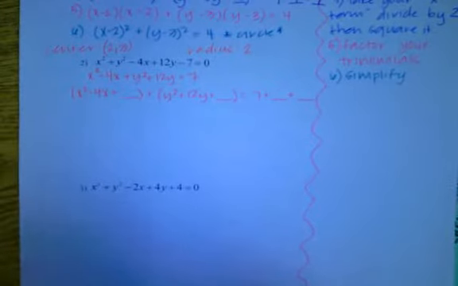Divide by 2 and square it. Okay, the steps are right there. All you have to do is read them. Divide by 2 and square it. So, you're not finished yet. What's going in my first blank?